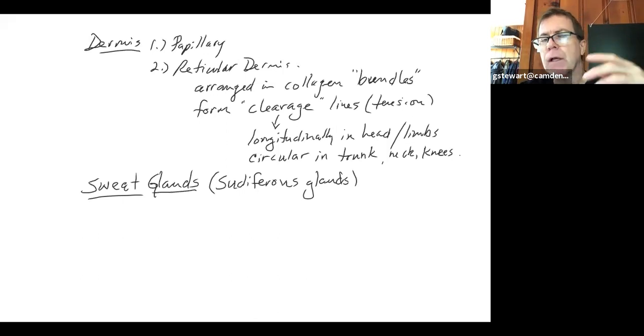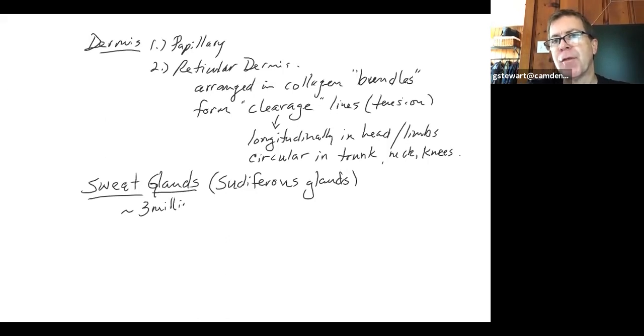And we have sweat glands on our entire body, so that in the human form, we find sweat glands everywhere except on external genitalia and nipples of the mammary glands. Everywhere else in the body, we have these sudoriferous sweat glands. There's roughly about 3 million, depending on the person, obviously, total on the body within the integumentary system.